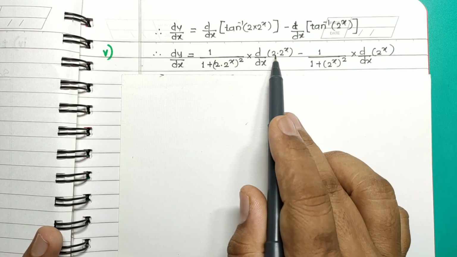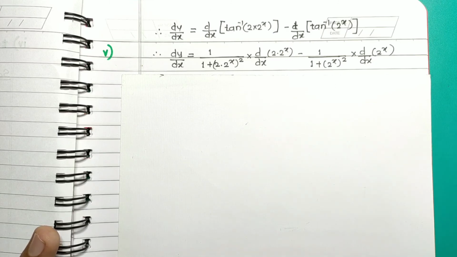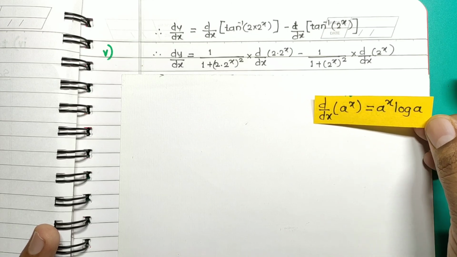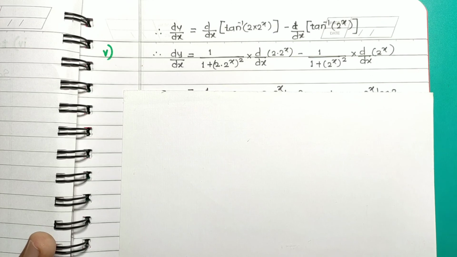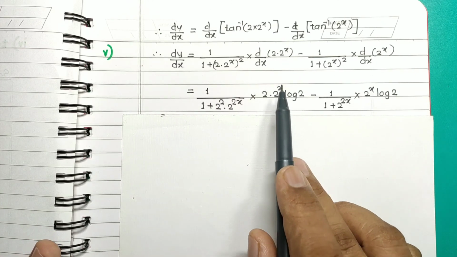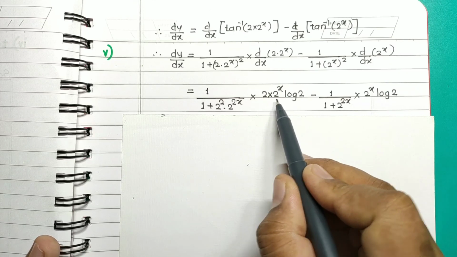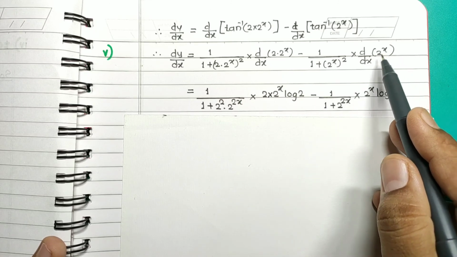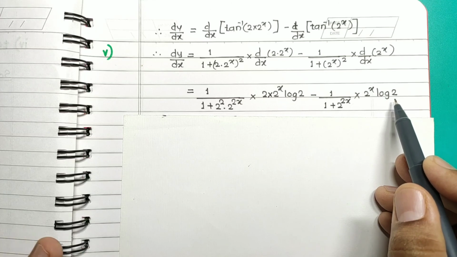See here, 2 is a constant and we are going to treat 2 raised to x using this standard formula. We have the derivative of a raised to x as a raised to x into log a. So using this result we have, see, the derivative of 2 into 2 raised to x as the constant 2 into, you write down like this, 2 into 2 raised to x into log 2, and here the derivative of 2 raised to x is again 2 raised to x into log 2.